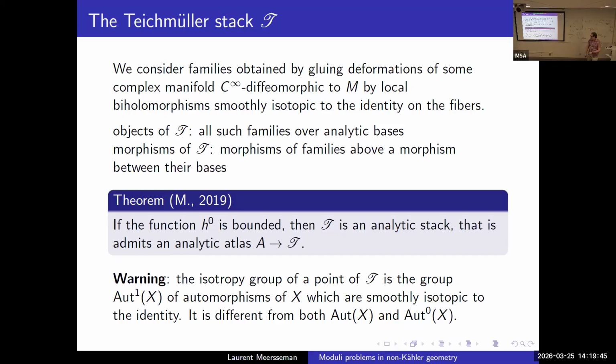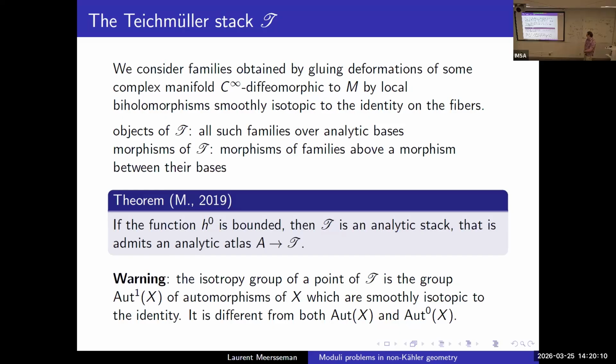You take a point in T, this is a compact complex manifold X. We have got the isotropy group, which is a group of automorphisms of this manifold. But since I am in this Teichmüller setting, you just have the biholomorphic automorphisms of X that are smoothly isotopic to the identity.